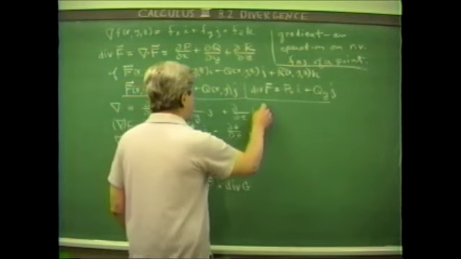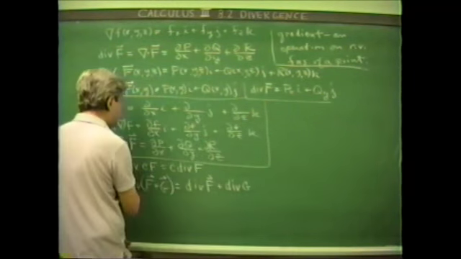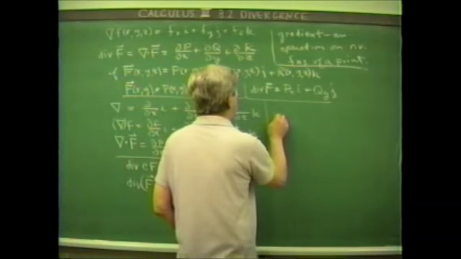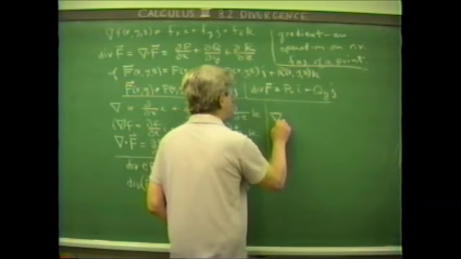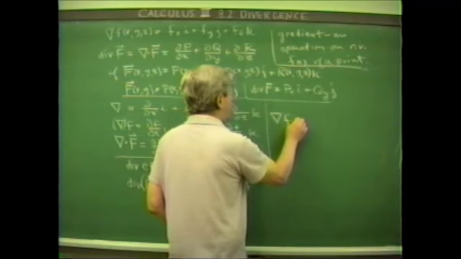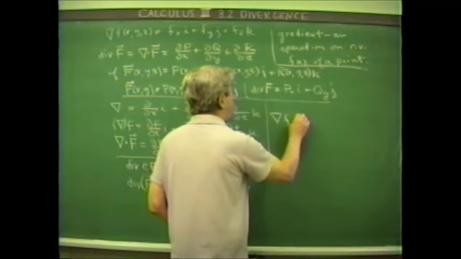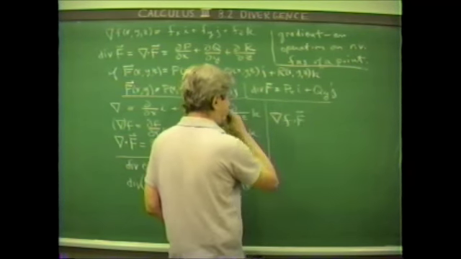A third property is more like that of derivatives, though. That's to say, if we take the divergence in this notation of a real valued function times a vector valued function, right?